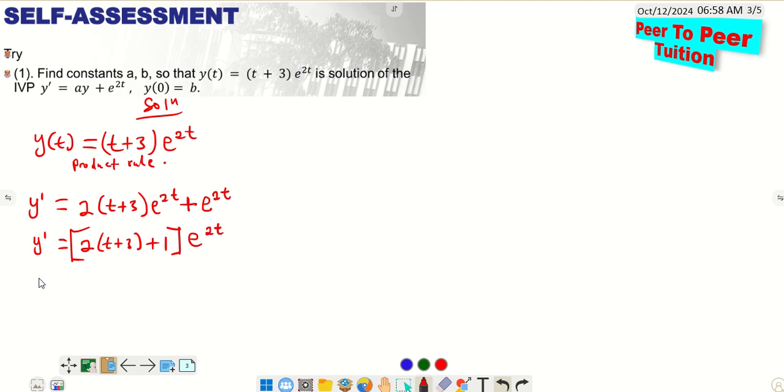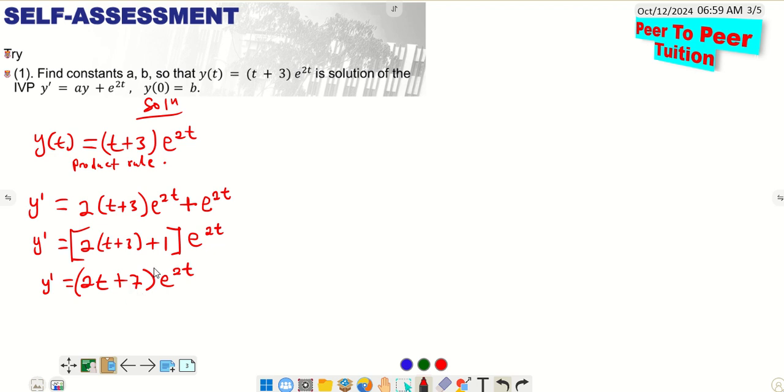So let us simplify it further. y prime is equal to 2 times t is 2t, then 2 times 3 is 6, plus this one will be 7. So (2t + 7)e^(2t). So that is our y prime.